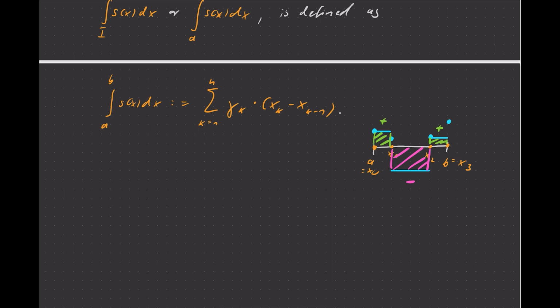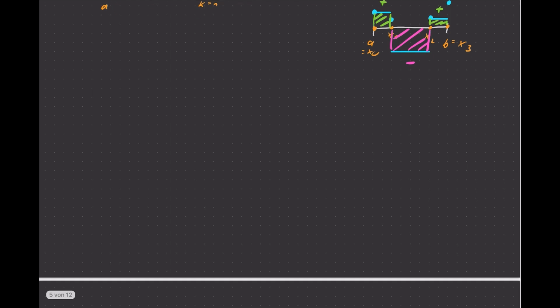Quick example. Let's say we have the following step function. We have S defined on the interval 0, 6 to R. And let's say S of x is defined in the following way.